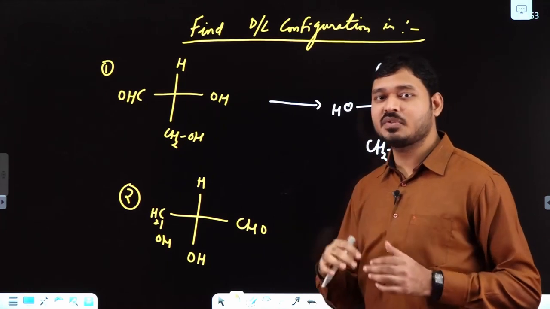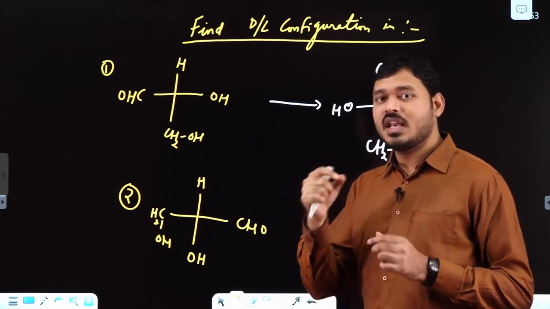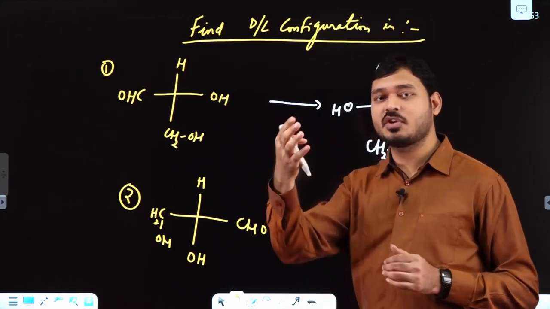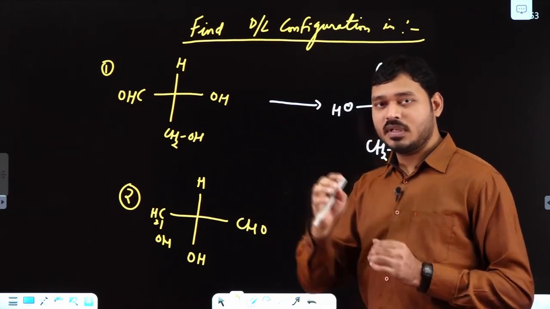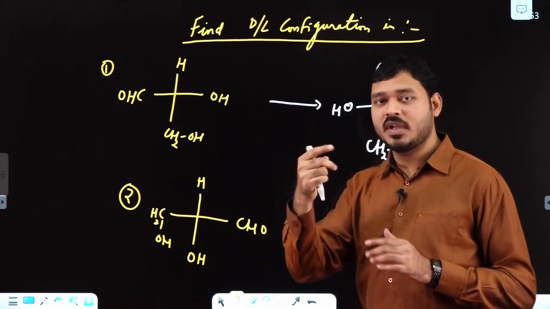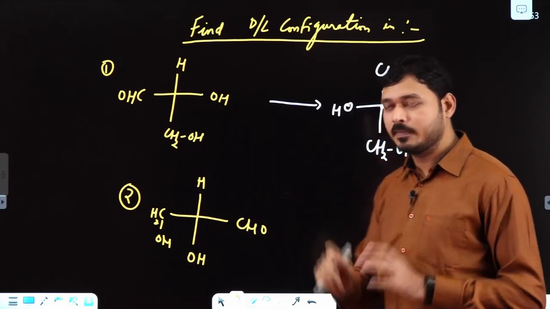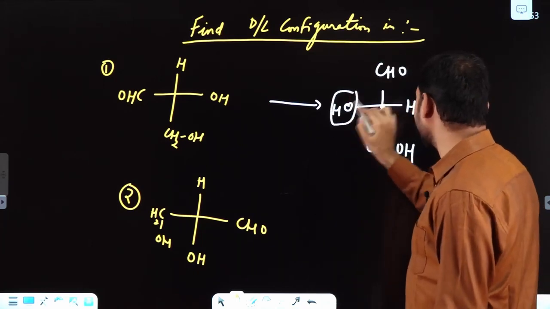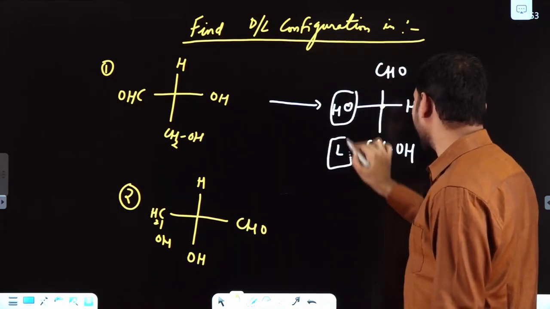Whether you say second last OH or you can say the last chiral center with respect to main function group which is at the top. It is not necessary it will be on the top. It may be on the top side, okay? Okay. So you can say it is left side, so it is having L configuration.